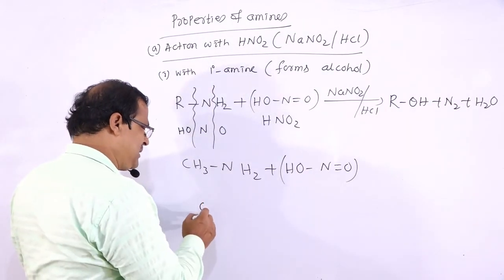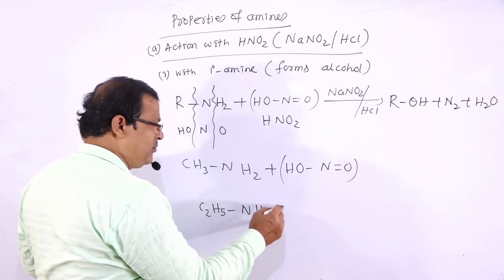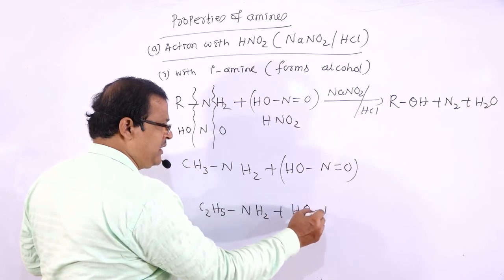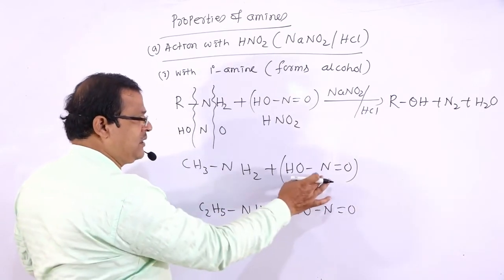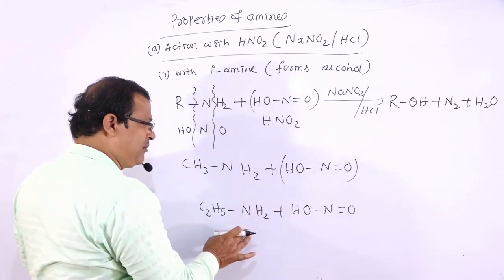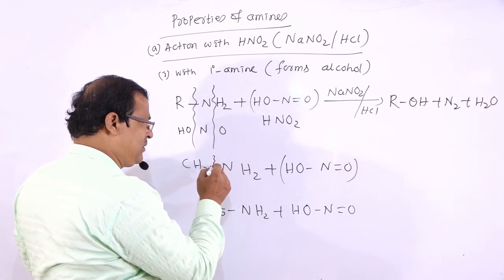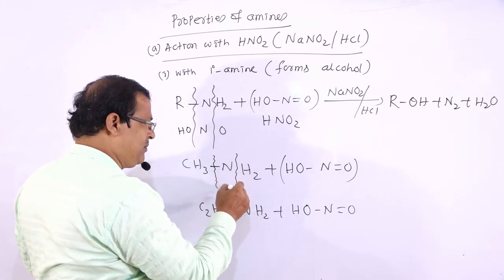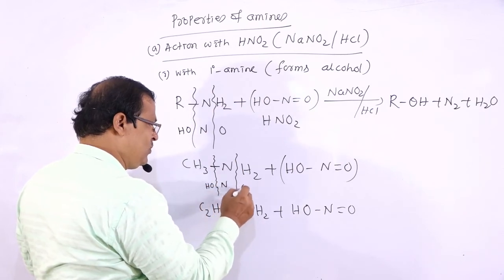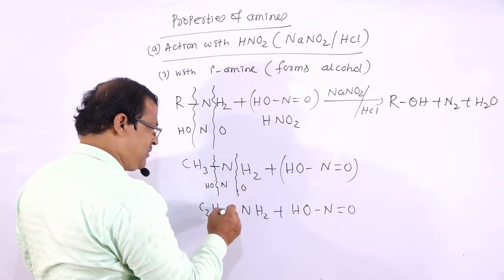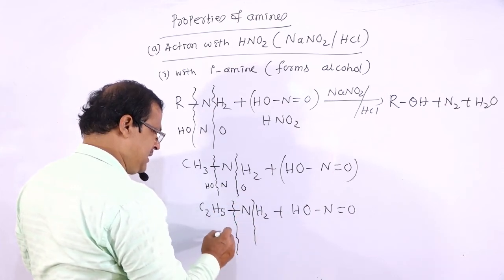Or we can take C2H5NH2 plus HON=O. Methylamine treated with nitrous acid, or ethylamine treated with nitrous acid, gives the same type of reaction. This bond will break, that is HONO.